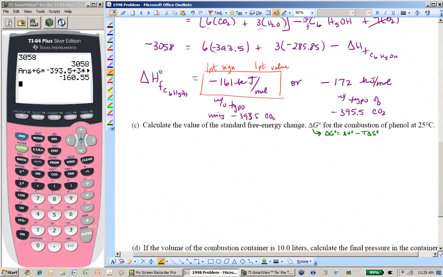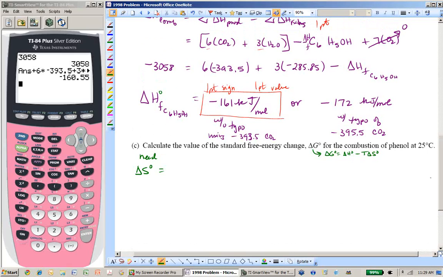All right, so calculate the value, and I need the delta S. So delta S naught, I need that value. And that is equal to, again, the same Hess's law setup that you just had up here at the top, except you do have to put in the oxygens because, aw shucks, it's delta S, and you've got to have a value for that because the only thing that is 0 delta S, or 0 S, just 0 entropy, is going to be a pure crystal at 0 Kelvin, which we don't have and we're not at.